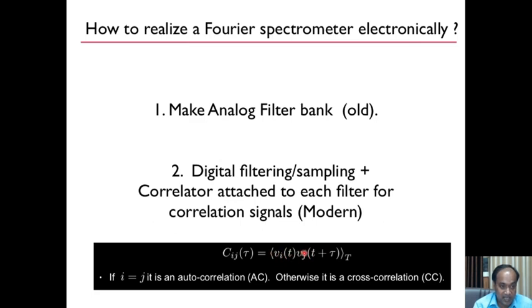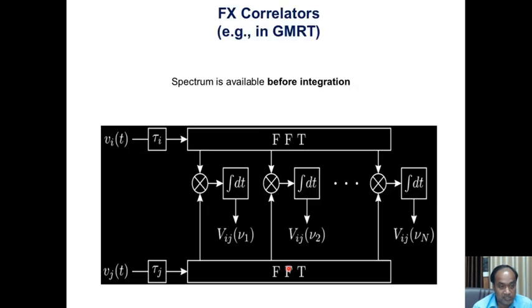If the i and j I'm representing come from the same antenna or the same device, this becomes an autocorrelation function. If it is coming from different devices, it becomes a cross correlation function. And this function gives you information about the spectrum.